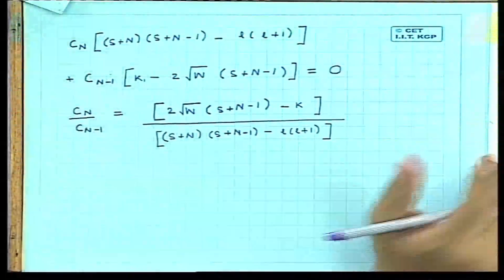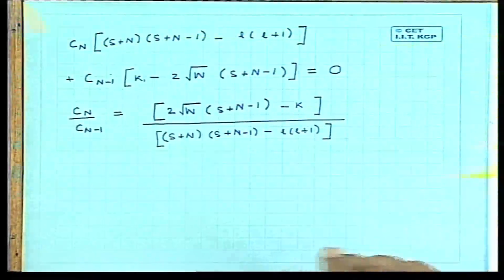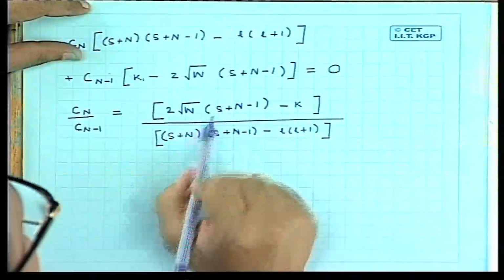So this is the recursion relation. We still have to determine the value of s.